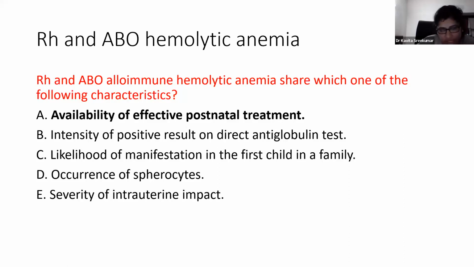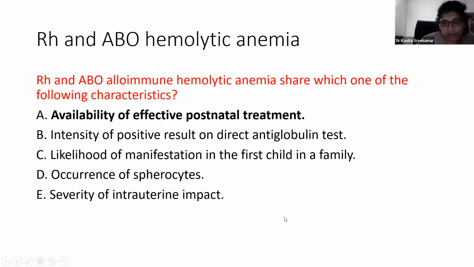ABO can happen in the first child. Spherocytes are not seen in RH, whereas spherocytes will be seen on a peripheral smear in ABO. And intrauterine impact is higher in RH and not in ABO, right? So the most commonsensical answer here is availability of effective postnatal treatment, right?